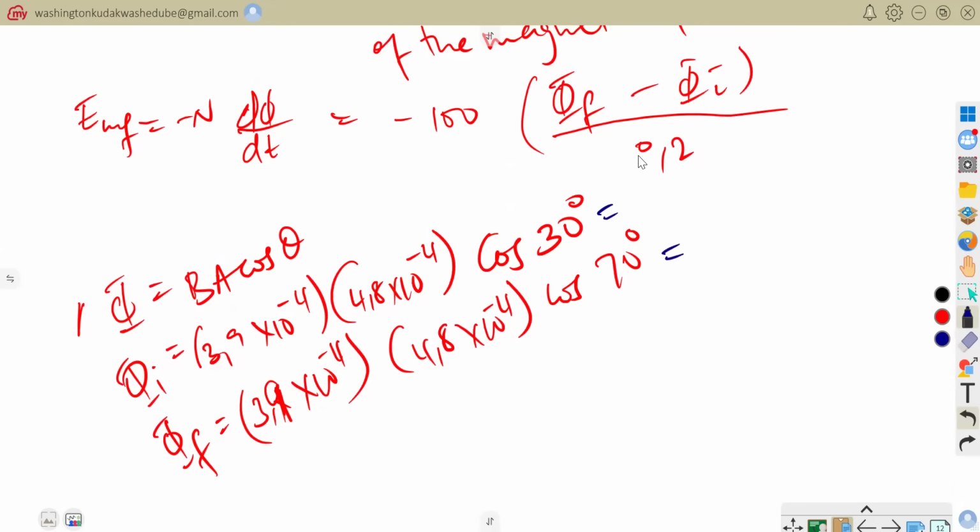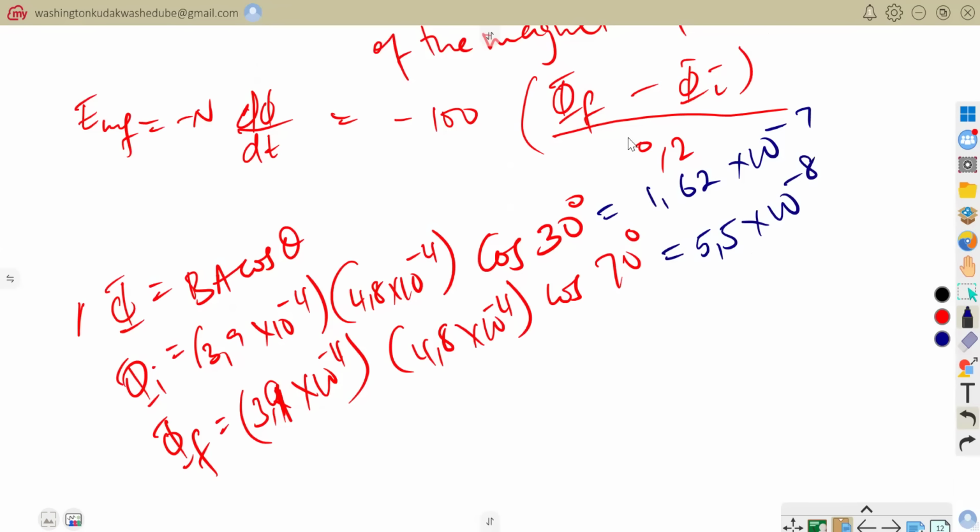So that value was just going to be 1.62 times 10 to the power minus 7. What about this other one? That value would be 5.5 times 10 to the power minus 8.